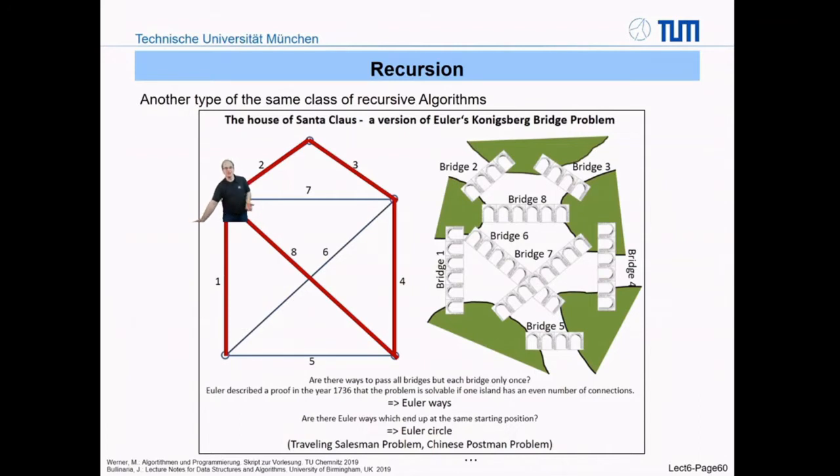So if you watch this, it's exactly the same. Let's start here, for example, at this island, and then I can go 1, 2, 3, 4, 5, 6, 7, 8, and I passed all bridges just once, and I found one way through this graph. And this is the Königsberg bridge problem, which is really nicely connected to this house of Santa Claus.